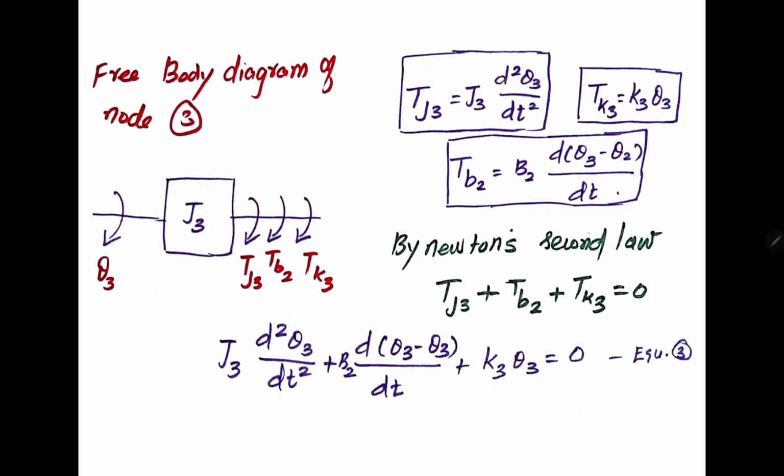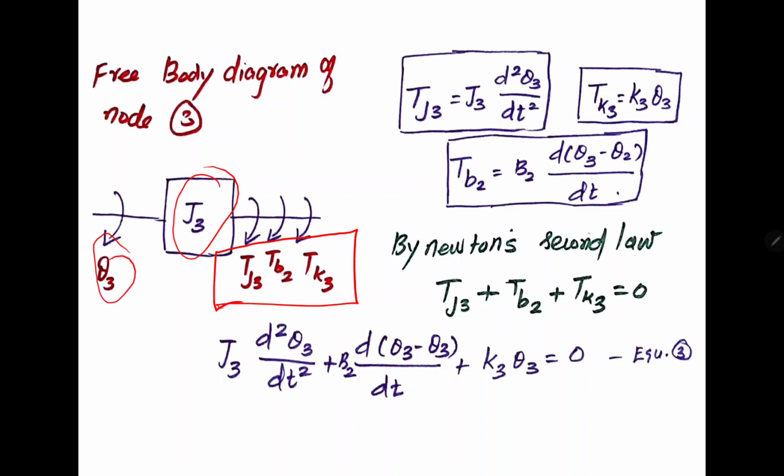Then we are going to consider the third moment of inertia, J3. Here there are three opposing torques and no applied torque, and the angular displacement is theta 3.